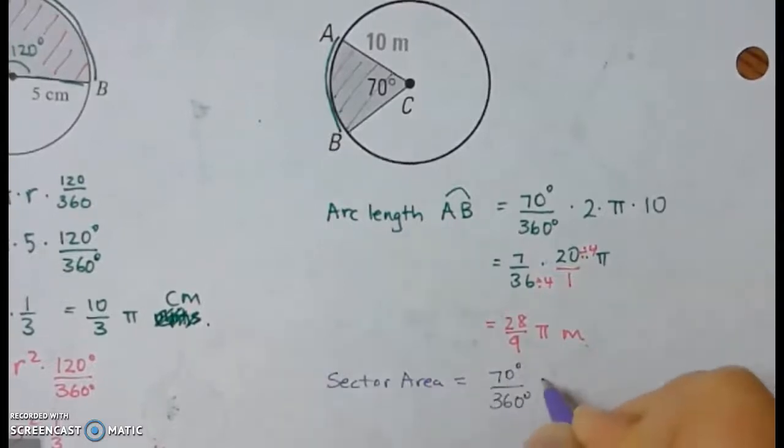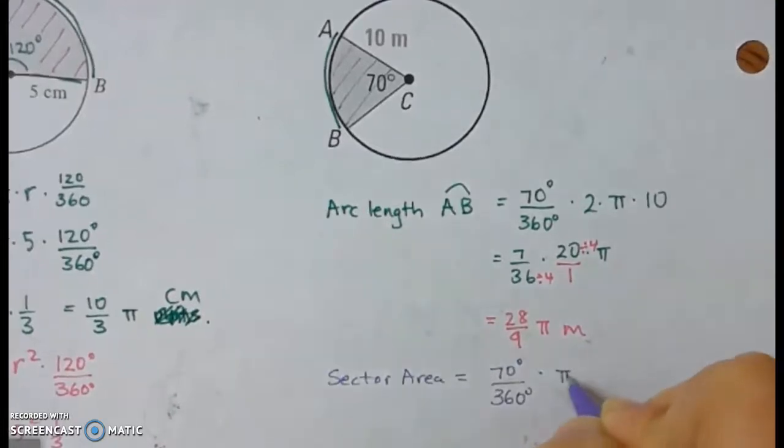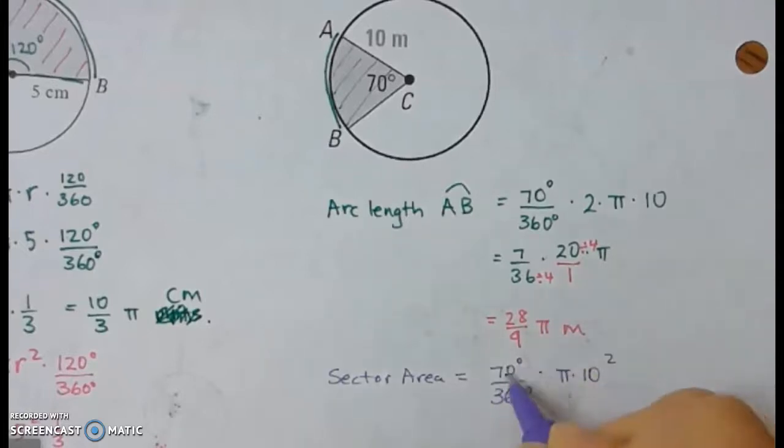That's the portion of the circle we're dealing with, times the area of the whole circle, which is pi times r, which is 10 squared. So again, I can divide both top and bottom by 10 and get rid of the zeros. And this is going to be 7 times 100 divided by 36 pi.